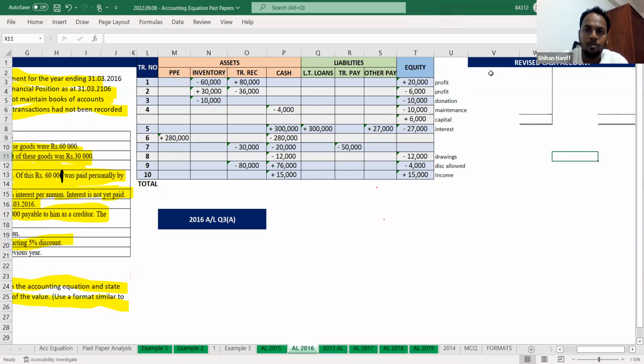Revised cash account. Opening balance is 50,000.